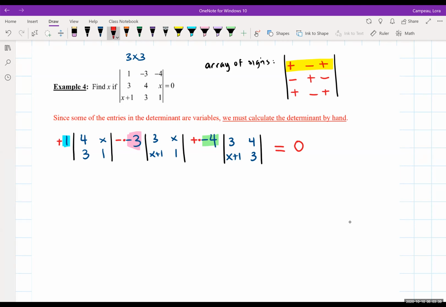This is positive times positive, so we still have a 1. I will then calculate the determinant of this 2 by 2 minor. So again, we're saying 4 times 1. We'll subtract off 3 times x.